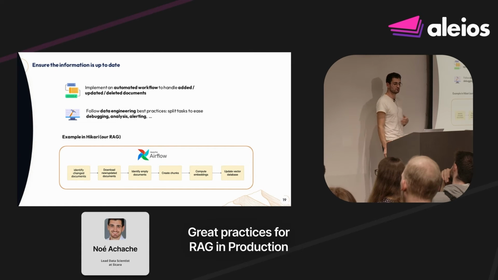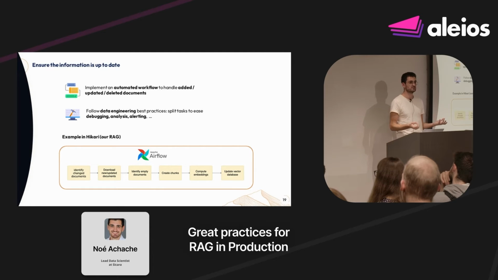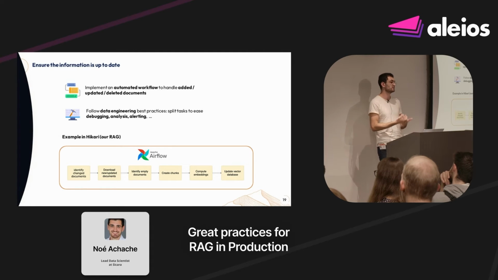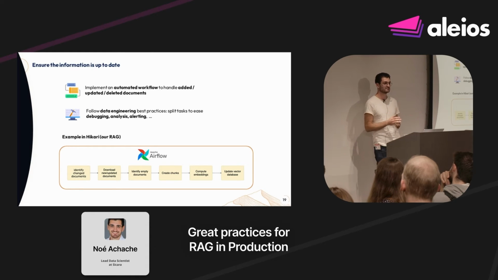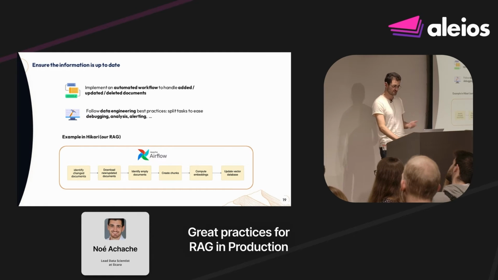So what we used to build our tool is Airflow, which, as you can see, is really split into tasks, where we first try to identify which documents have changed, then we download them, then we identify empty documents. This is really specific to our pipeline because it turns out a lot of our documents are empty and we don't want to recommend them to the users. We create chunks, so we split our documents, we compute the embeddings, and we put all of these embeddings into our vector database. So splitting all these tasks really makes it easy, when we have a bug, to know why it happens and to act fast.